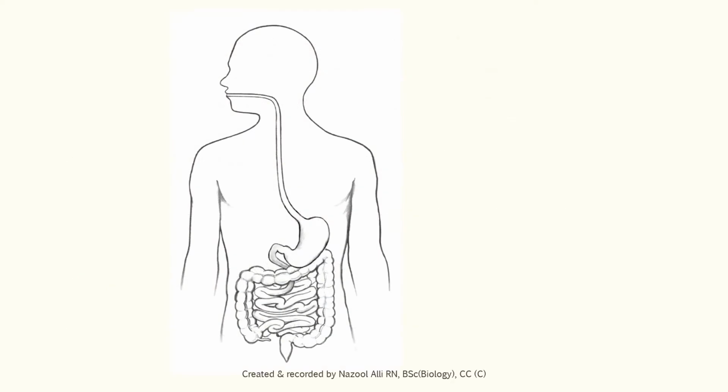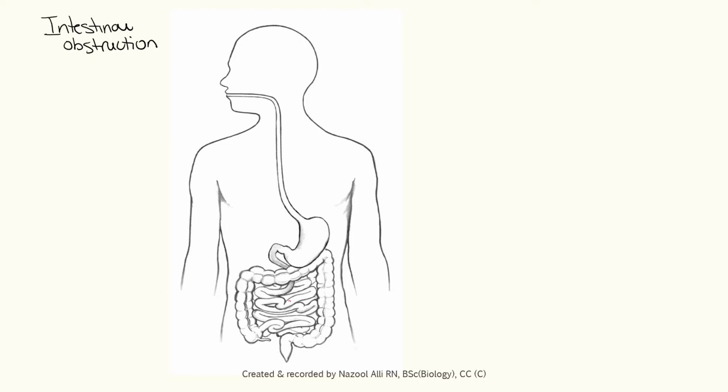So in this slide, we're going to look at the pathophysiology of an intestinal obstruction. So when we look at the intestinal obstruction, this could be as a result of a mechanical and or a non-mechanical obstruction. But often it's just easy to look at the mechanical obstruction because we know there's something physically there.